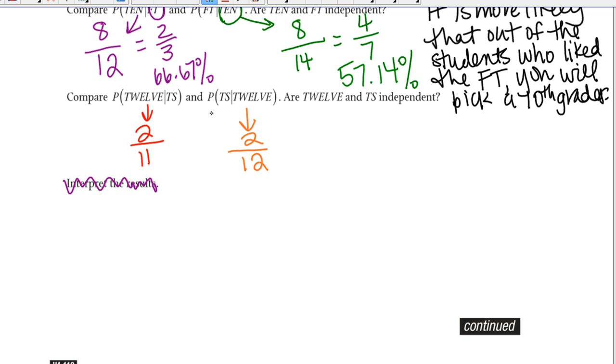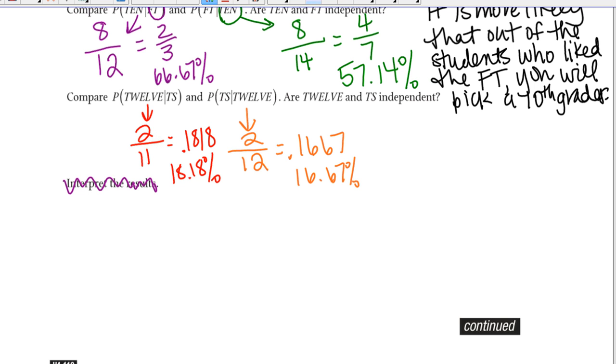So here, this is 0.1818 or 18.18%. This right here is 1/6 or 0.1667, so 16.67%.